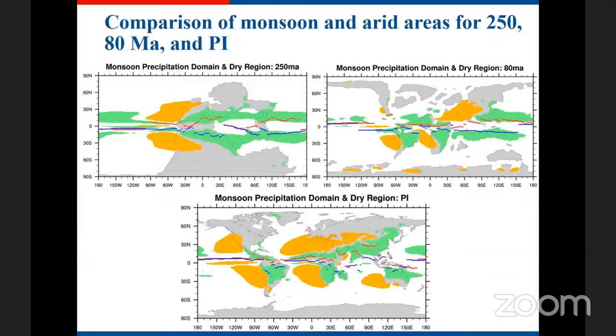Then at 80 MA, the continents are mostly spread out. We can see the monsoon area becomes very small, particularly the land monsoon area. Then for the PI, we can see the Asian monsoon area is really, really large.